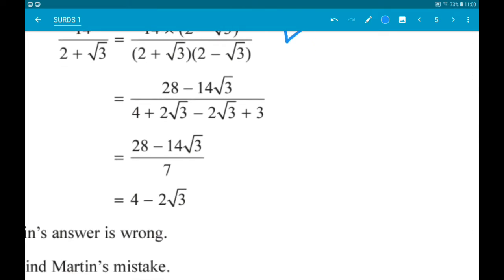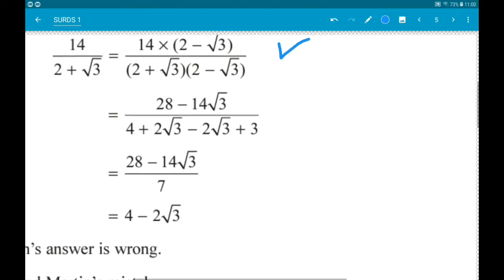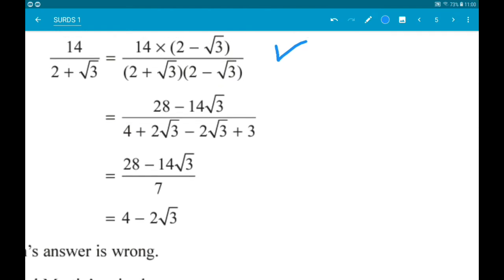Up on top then, 14 times 2 is 28, 14 times minus root 3 is minus 14 root 3. So the top is right. Now, his problem is when he's expanded 2 add root 3 times 2 minus root 3.